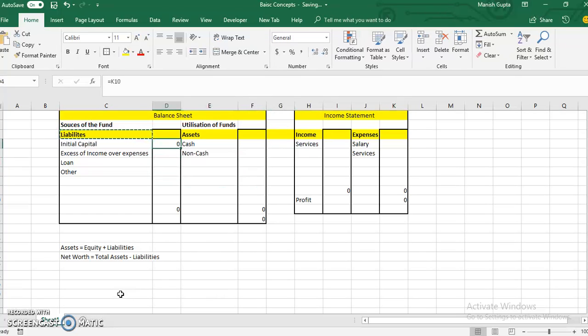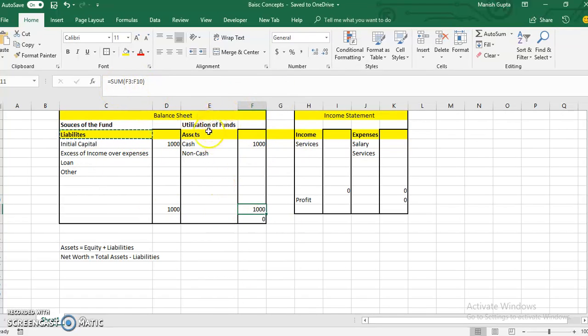Let's look at a starting example. Let's say you started the business with $10,000 in cash. You will see the total of both sides is $10,000. In accounting terms, we call this the left side of the balance sheet, and this the right side of the balance sheet.